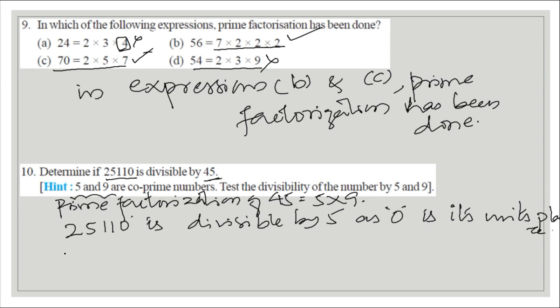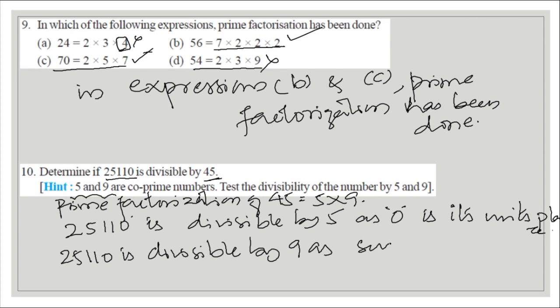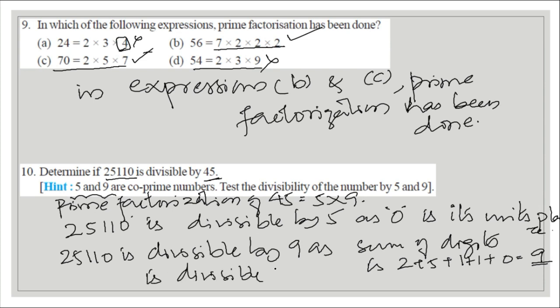We have learned that. 25110 is divisible by 9 as the sum of digits, 2 plus 5 plus 1 plus 1 plus 0, which is 9, is divisible by 9. Therefore, 25110 is divisible by the product 5 times 9, which is 45.